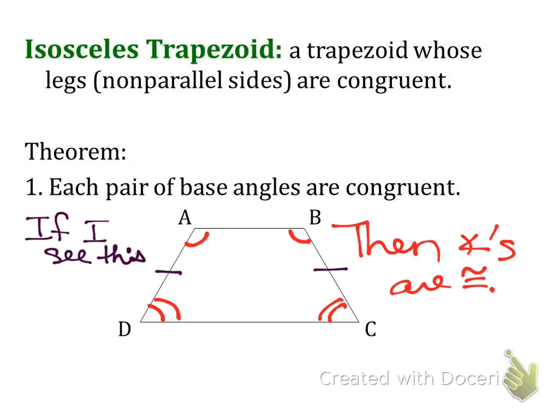So again, a difference between an isosceles trapezoid and those parallelograms with angles. Notice how opposite angles are not congruent in this picture. It's like a special consecutive pair are congruent, but they have to be on the same base.